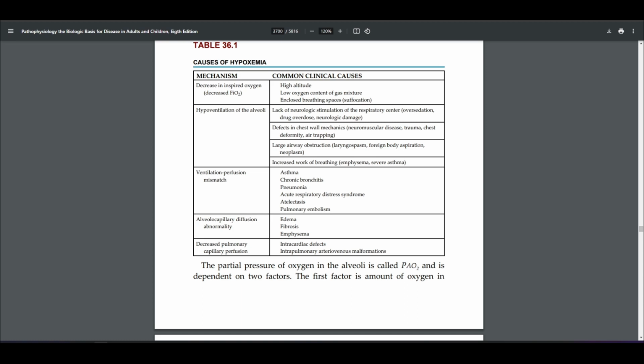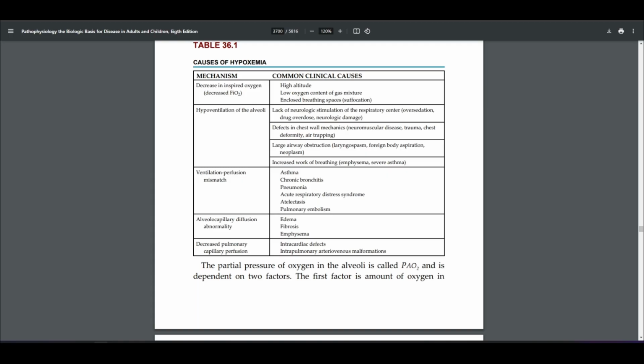There are also defects in the chest wall mechanics, like neuromuscular disease, trauma, chest deformity, or air trapping, large airway obstruction, laryngospasm, foreign body aspiration, a neoplasm, and lastly, that increased work of breathing from emphysema or severe asthma, all can cause hypoventilation of the alveoli.